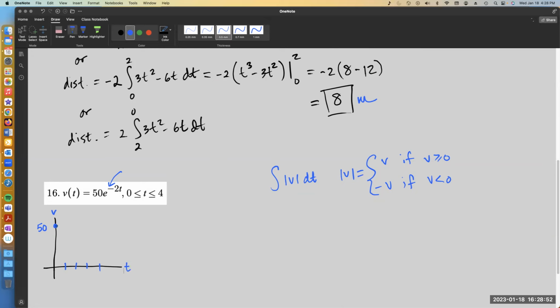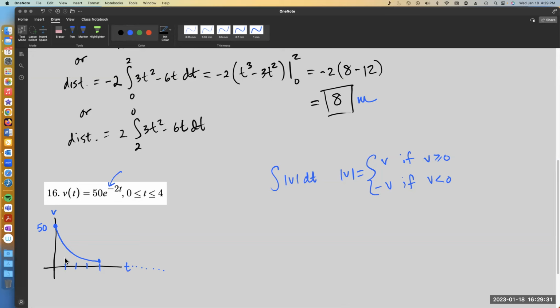No, because it's exponential decay, it never goes negative. It actually has the t-axis as a horizontal asymptote. Exponential decay that's not shifted up or down is going to zip into the t-axis or the x-axis, but never touch it. So what do we think about the connection between displacement and distance in this case? They should be the same. They will be the same because there is no movement in the negative direction.